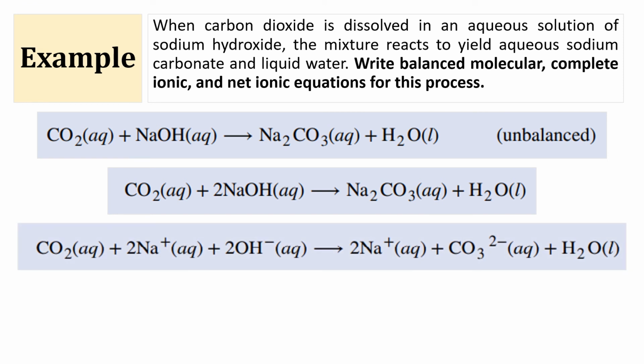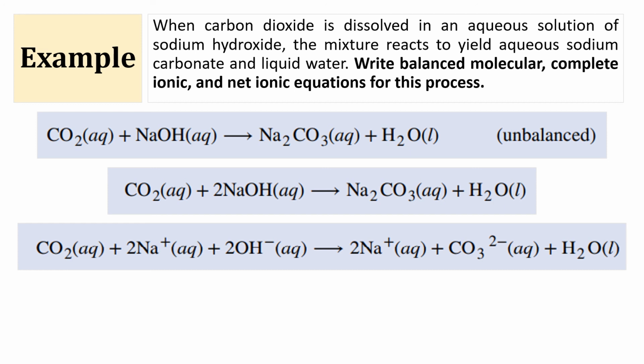Carbon dioxide plus 2 sodium ions and 2 hydroxide ions, OH minus, will give in the product 2 sodium ions in aqueous solution plus CO3 2 minus and a water molecule. So this is the complete ionic equation. First we wrote the balanced molecular equation, then we wrote the complete ionic equation.